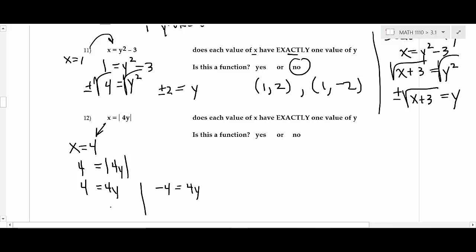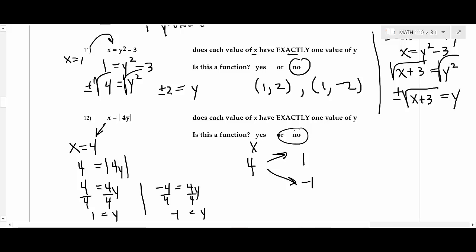But the point is you're going to get 2 answers, so this is not going to be a function. Notice you get y equals 1 on one side, and y equals -1 on the other. So if x is 4, then that maps to a 1, and it maps to a -1, and you can't have that. So that's not a function.